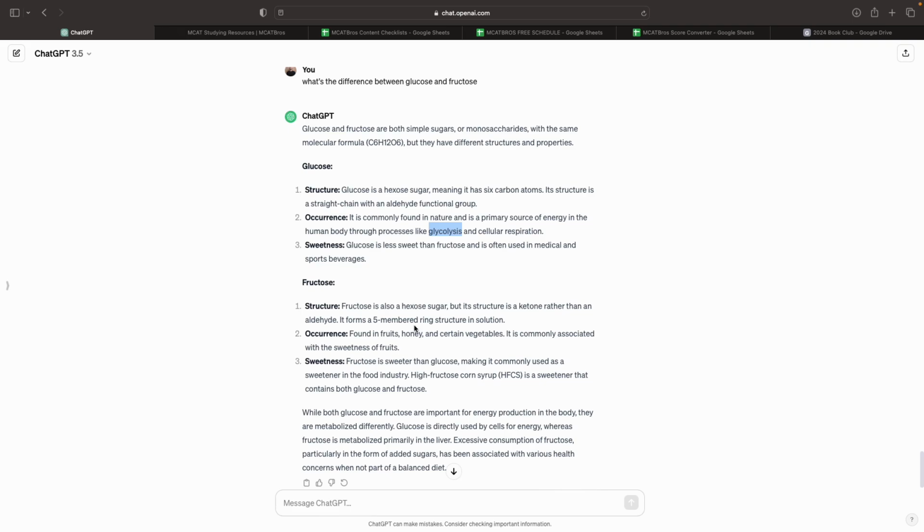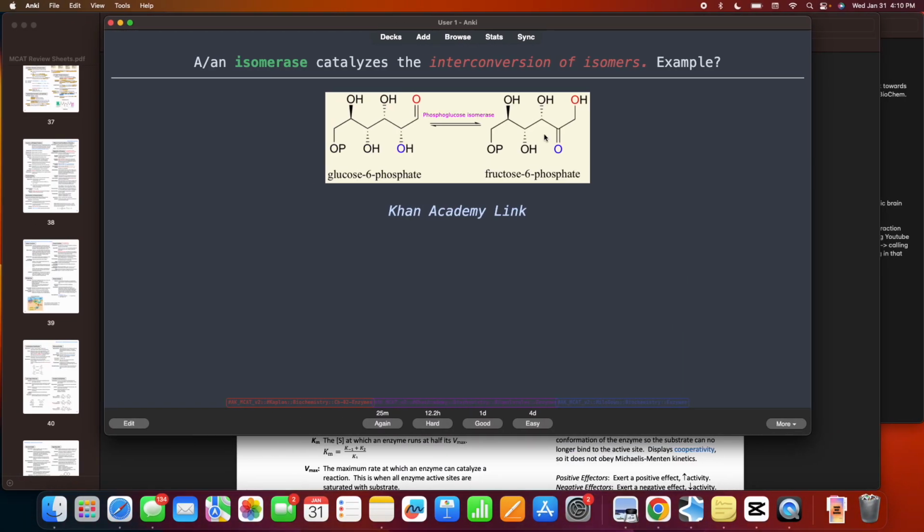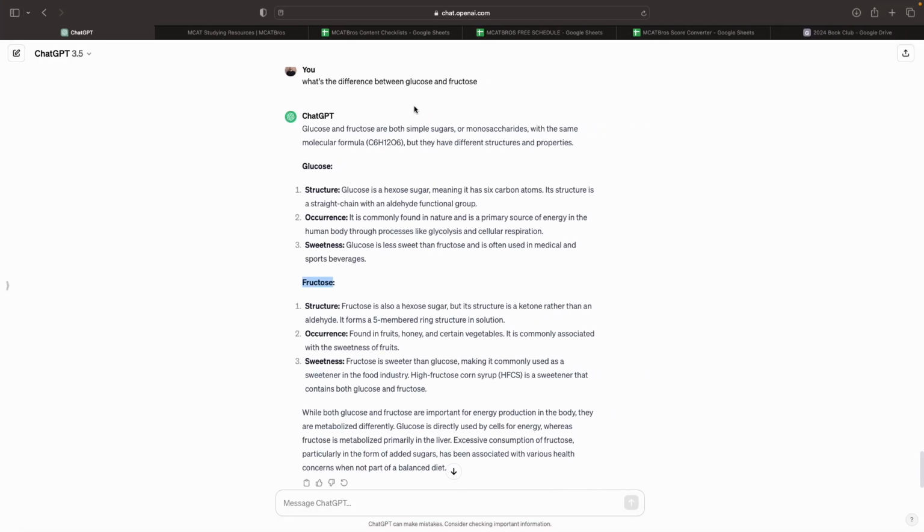But fructose is in honey, certain vegetables, and fruits, and it's associated with the sweetness of fruits. And so fructose is a ketone, and that's why the oxygen, the double bond, is not at the end. It's on the second carbon. But for glucose, it's on the last carbon, which makes it an aldehyde.